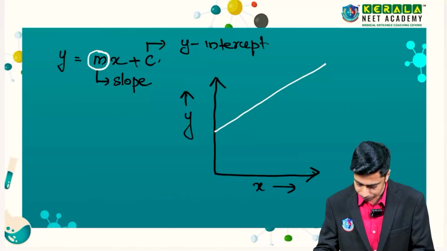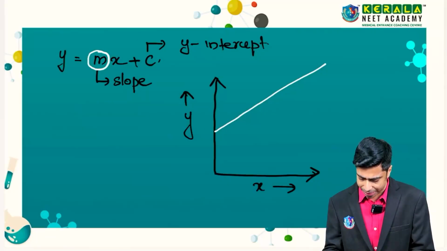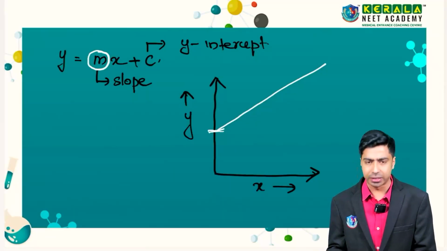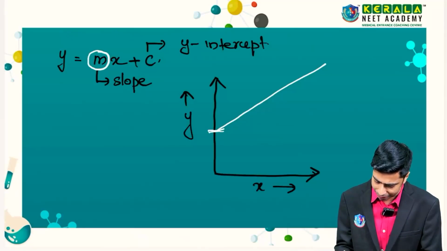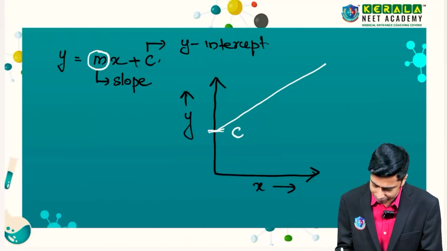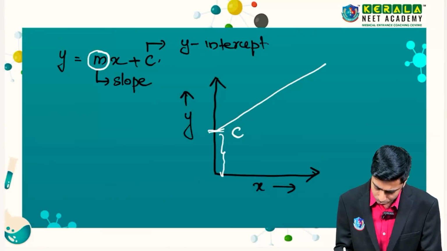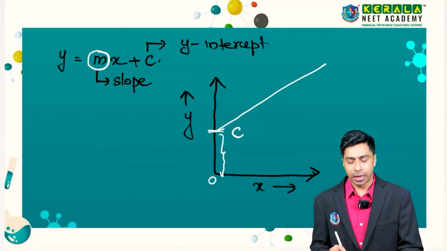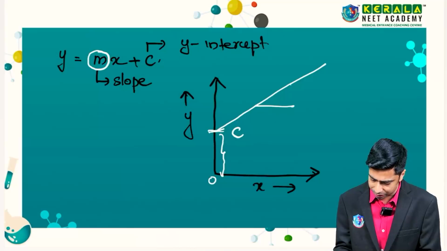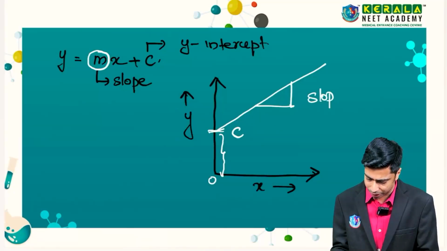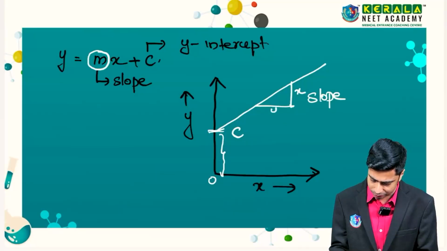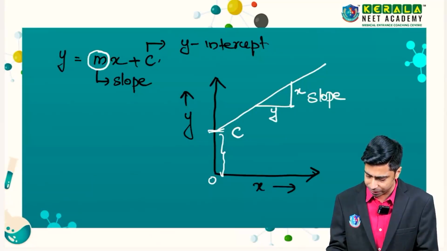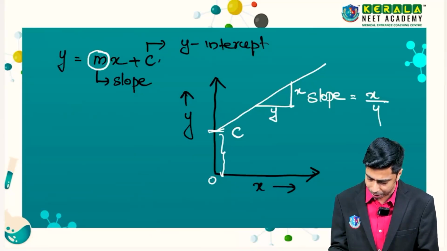Now here, this is the point where the straight line touches the y-axis, and that is called the y-intercept c. So the value of c will be from 0 to that particular point. And now this is called the slope of the straight line. Slope is equal to, if this is x and this value is y, we can say that slope is equal to x divided by y.